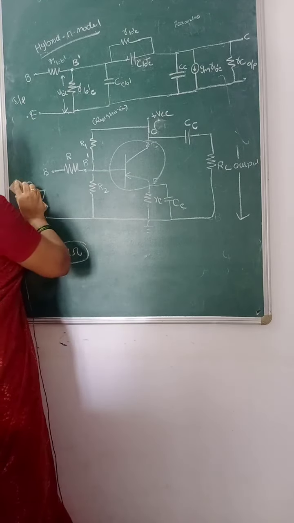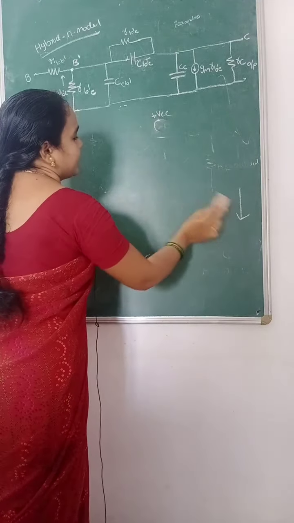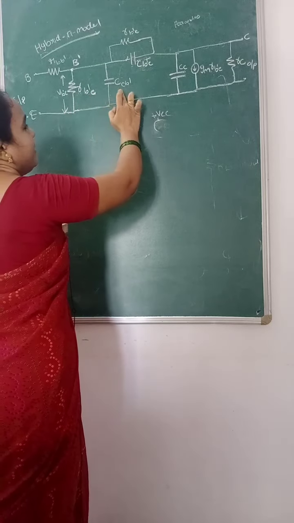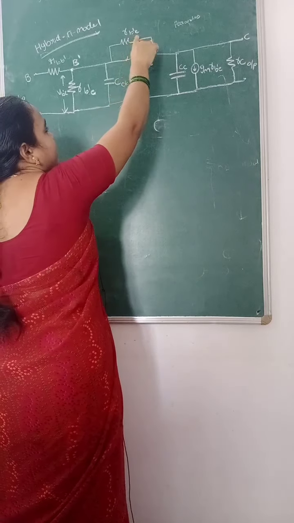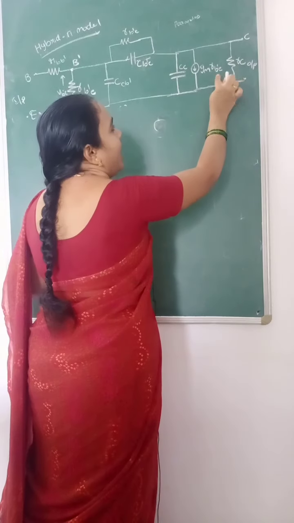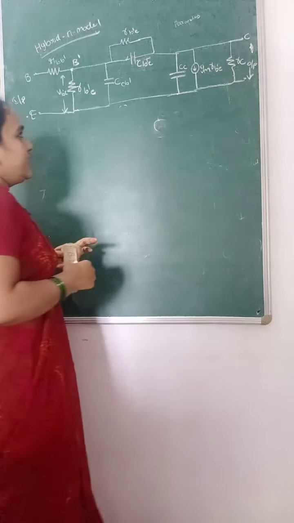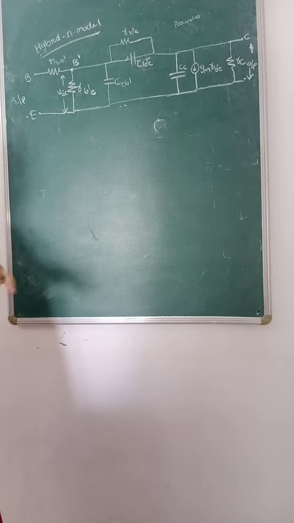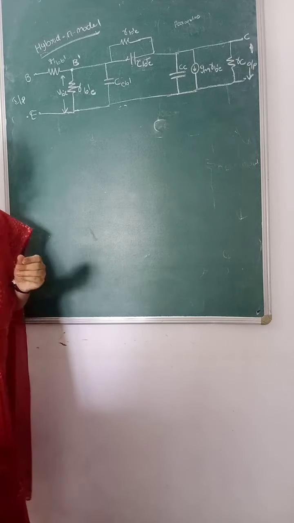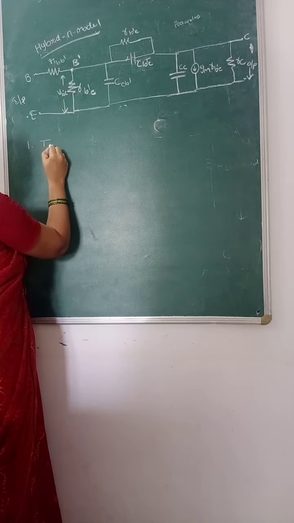So let us learn what these parameters are. Here we have several parameters called RBB dash, RB dash E, CCB dash, CB dash E, CC, GM, and RC. So these are the hybrid parameters which are used to analyze the properties of a transistor. The first parameter is transconductance.